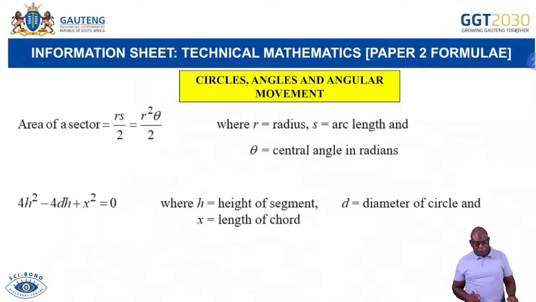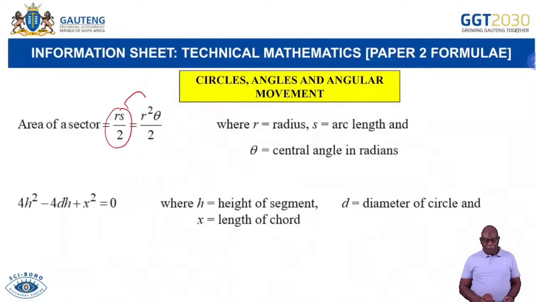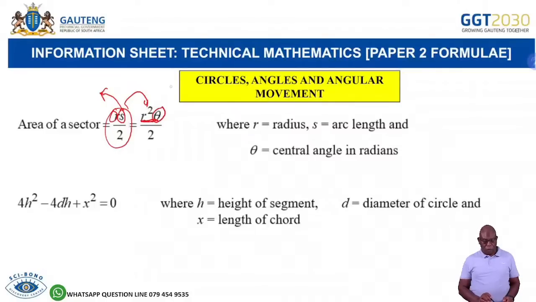Right. The area of the sector: you have two formulae, this formula and that formula. This one is for when the arc length is given, with the radius divided by 2. This formula is for when the angle is given. Can you see that r is squared here?